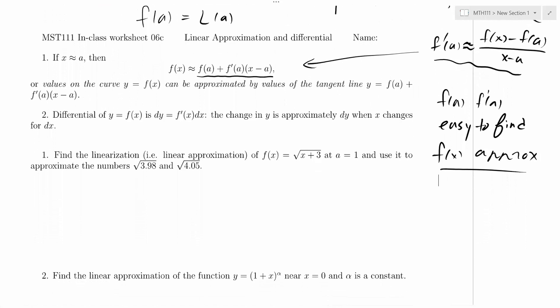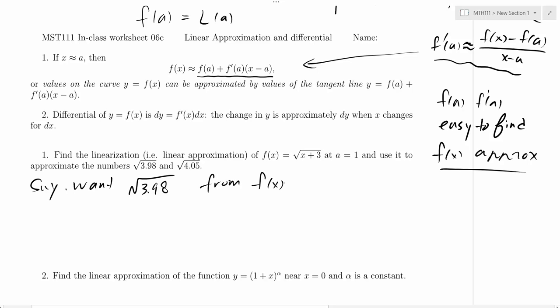So let's look at an example. Say we want to estimate the square root of 3.98. The function f of x is root of x plus 3. And we need to identify two things: one is, what is the a value?